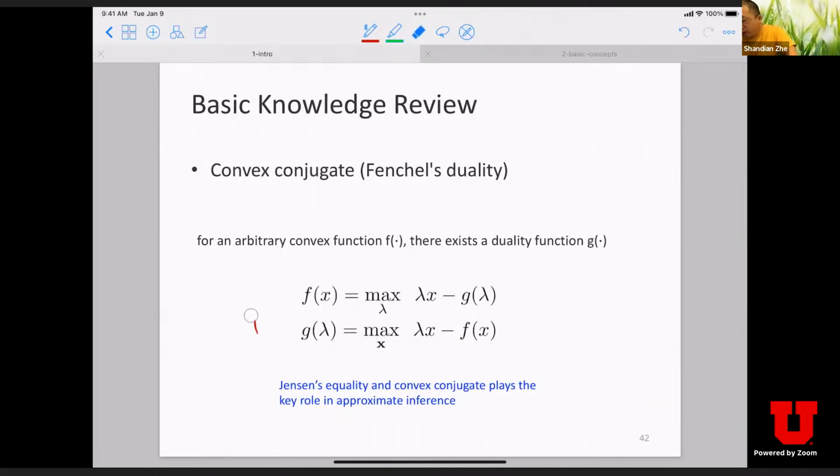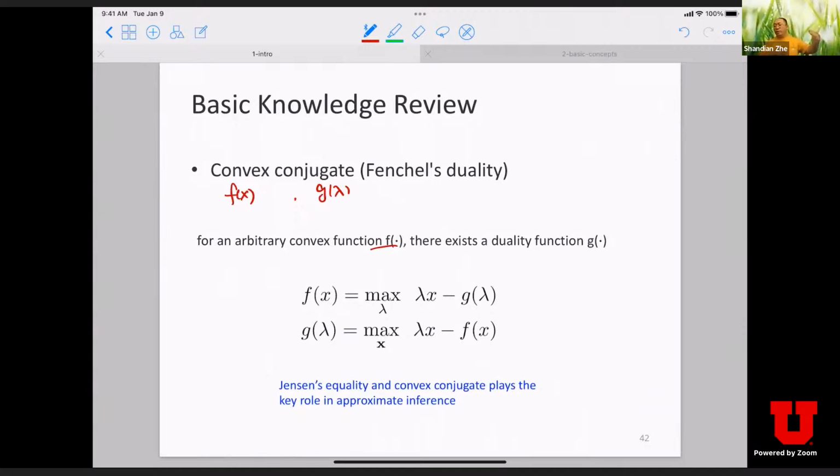As long as we have some convex function f, we can represent f in terms of another form, which we call its conjugate. So for any convex function f, we get another function g, and f and g are convex conjugates.